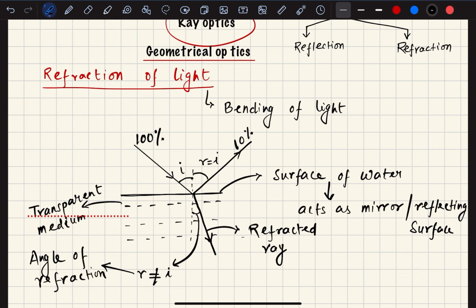Angle of refraction. So this is another very beautiful phenomenon of light which happens when light travels from one medium. So this is medium 1, that is air. Let us take this as air, medium 1, to another medium 2. Whenever light travels from one medium to another medium, there may be bending of light. Why is this word maybe coming?